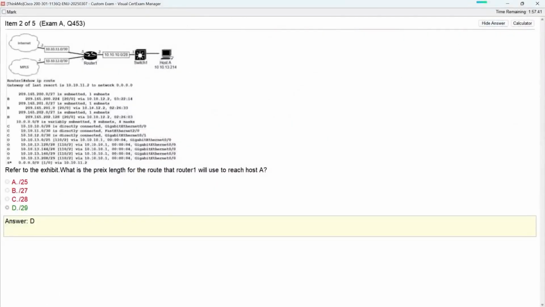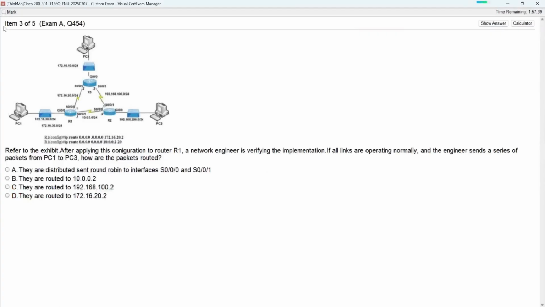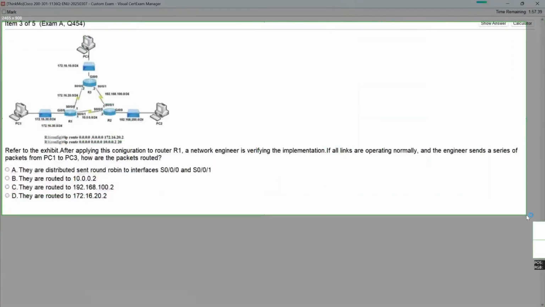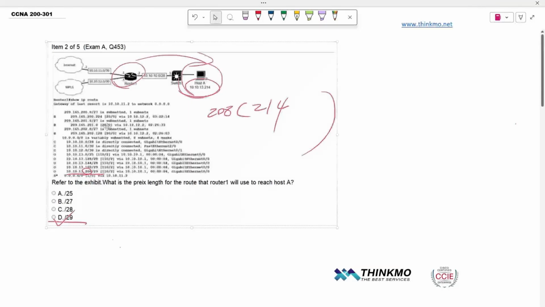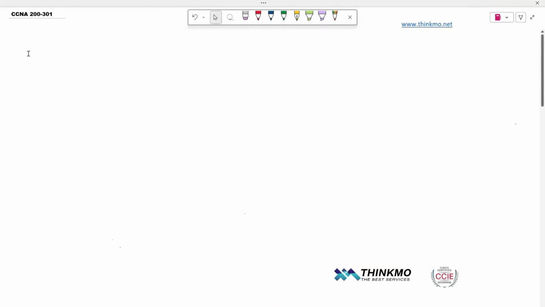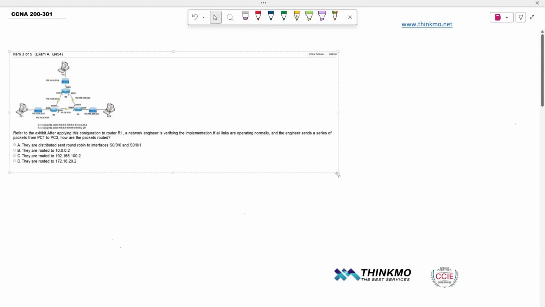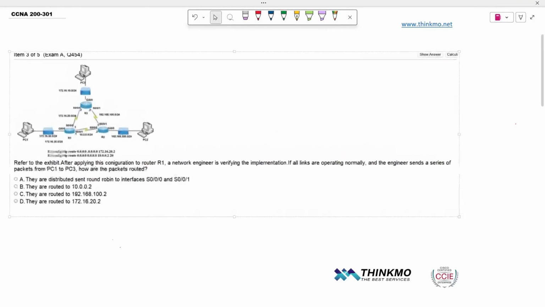Let's see, the correct answer is D. All right, now for this configuration. This question is about applying this configuration to router 1.